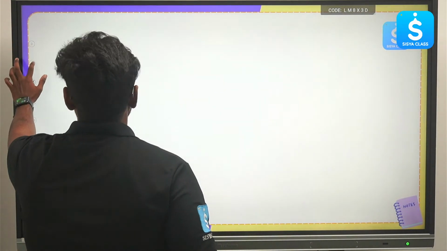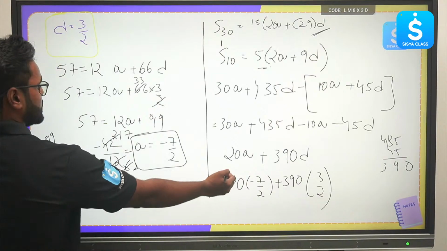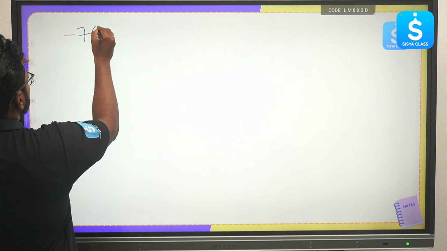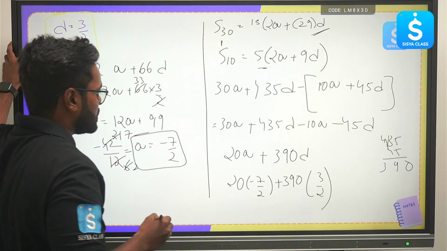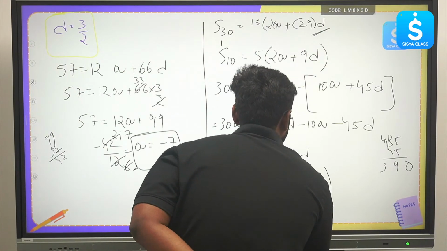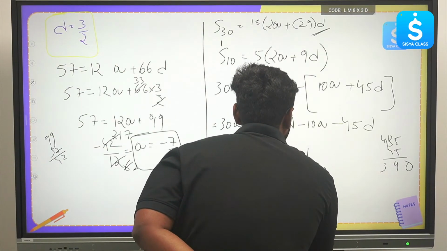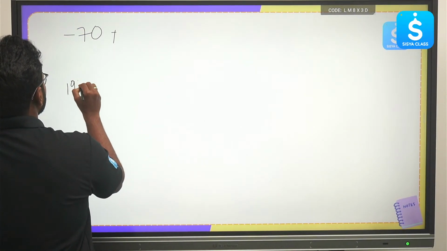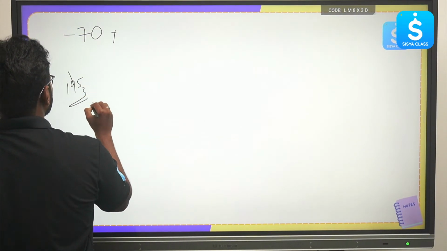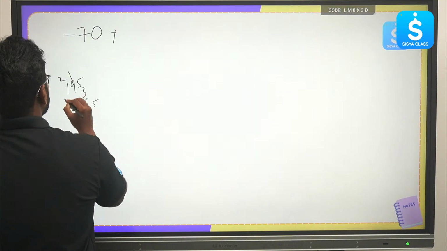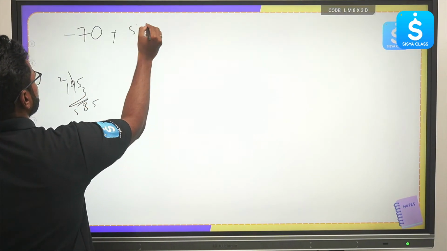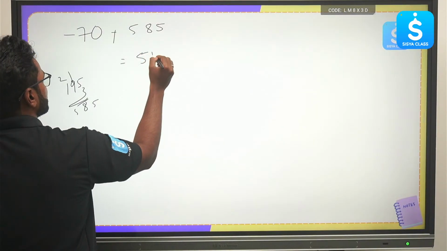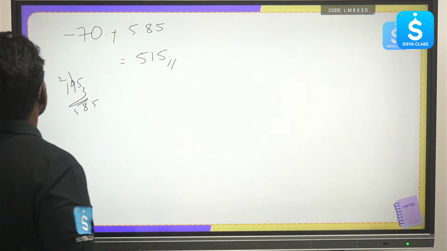We have minus 70 plus 195 into 3, which is 585. So the final value which we'll be getting is 515.